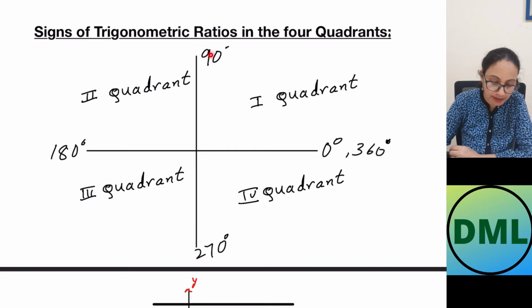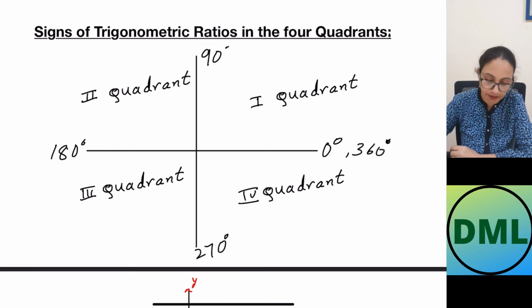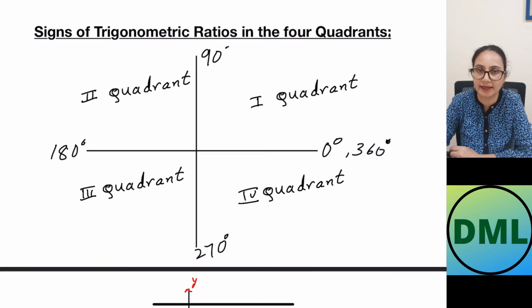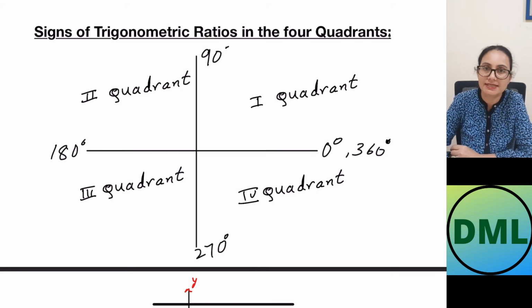So 0 to 90 degree is the first quadrant. 90 to 180 degree is the second quadrant. 180 degree to 270 degree is the third quadrant. 270 to 360 degree is our fourth quadrant. Now I have to look at all my trigonometric ratios, sine, cos, tan, cosec, sec and cot. What are the signs in all these quadrants?